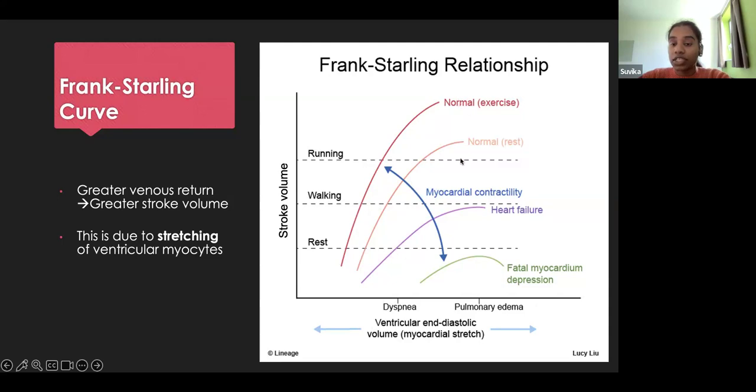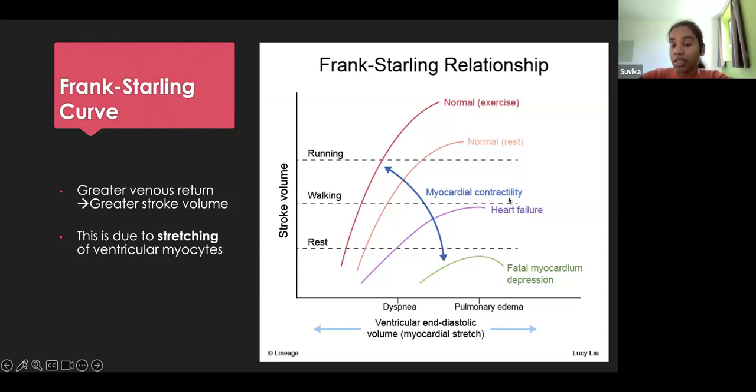Now, looking at different conditions, because this is where the pathology side comes in, when you've got a normal heart that is working a bit better than the general public, you have essentially a more accentuated Frank-Starling curve. So even a small increase in your myocardial muscle stretch, you get a massive increase in your stroke volume compared to a normal person.